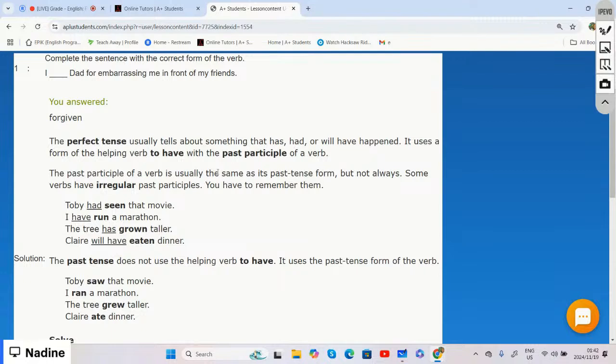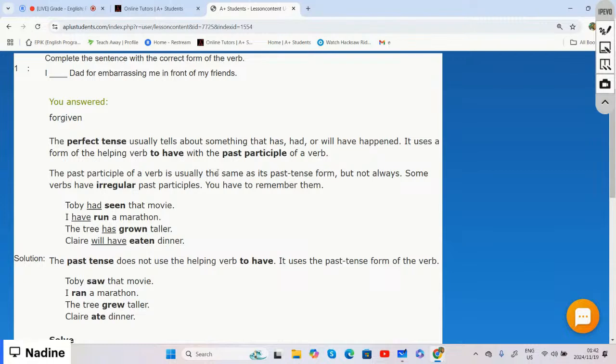So it's almost like the lesson that we just did, where we had to identify either the present perfect, past perfect, or future perfect tense. And then we also have a helping verb there that basically guides us in identifying what the past, present, or future perfect tense is.